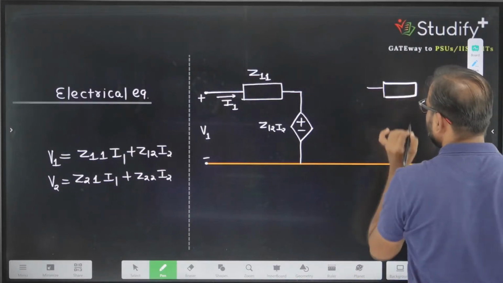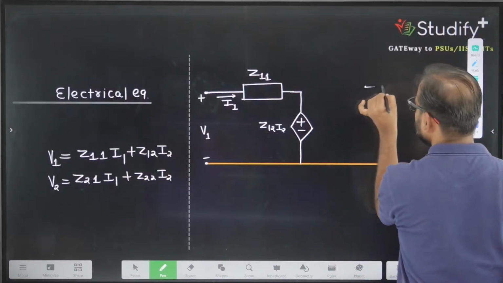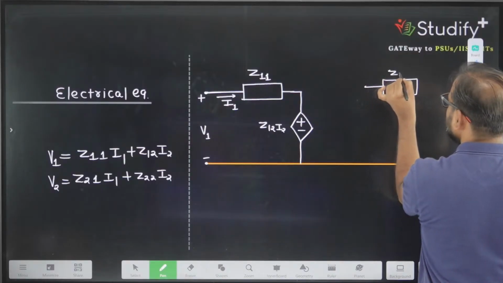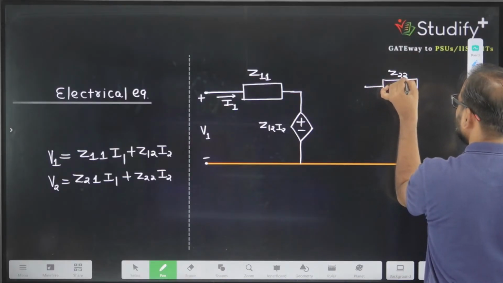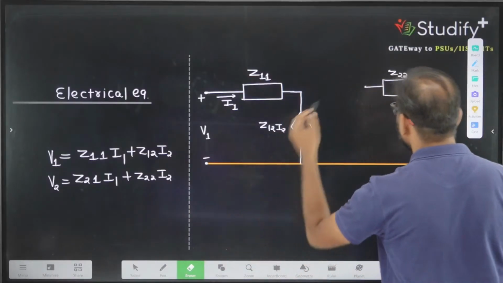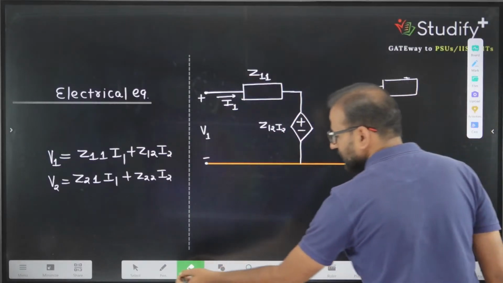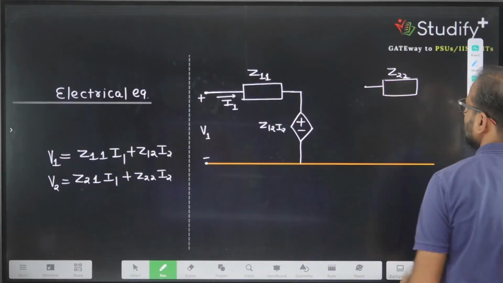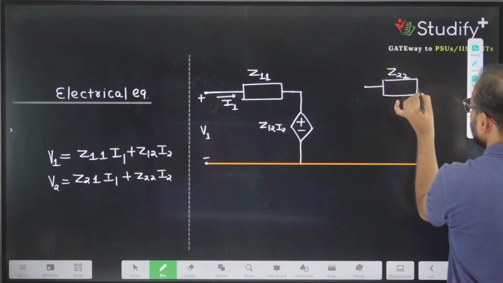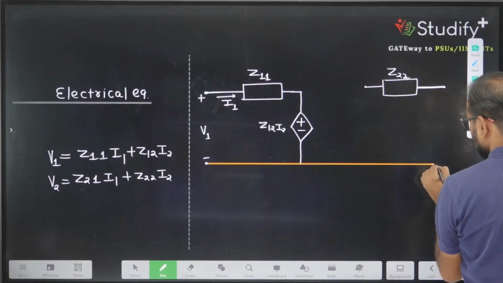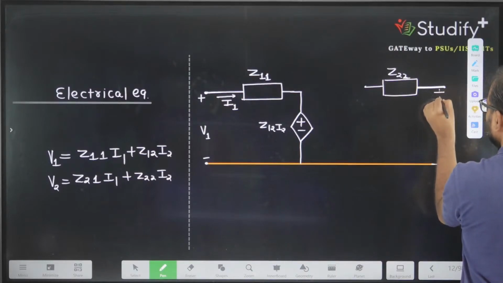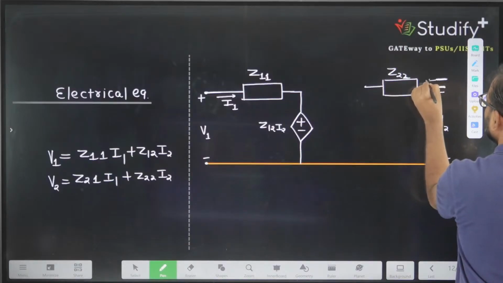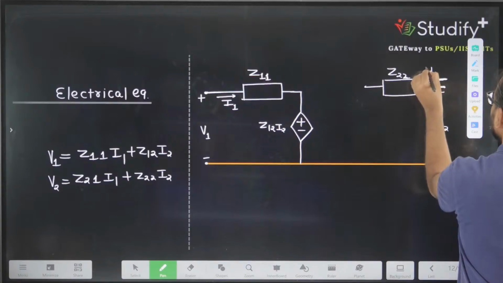Let's say I am calling it Z22. This is V2, and this current is I2.